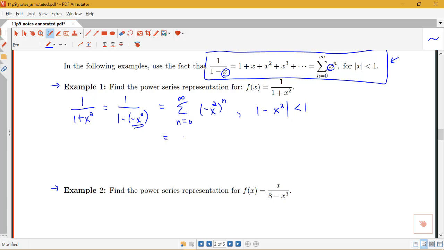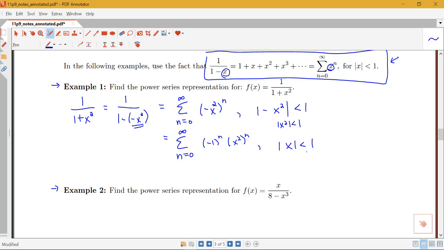And then we can go about simplifying this a little bit. So using exponent rules here, I have negative 1 times x squared being raised to the n. So that's negative 1 to the n, and then x squared to the n. This negative x squared in absolute value would be just x squared less than 1. And we know that the absolute value of x squared will be less than 1 when absolute value of x is less than 1.